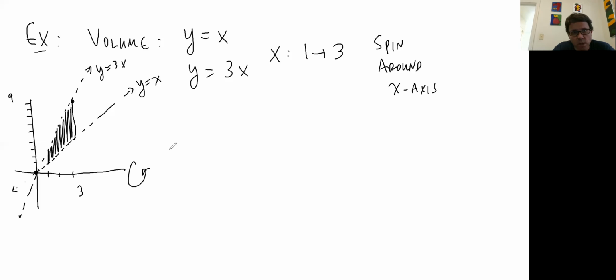Well, take this region and spin it around this axis here. This becomes a circle. This becomes a circle. Everything becomes circles.